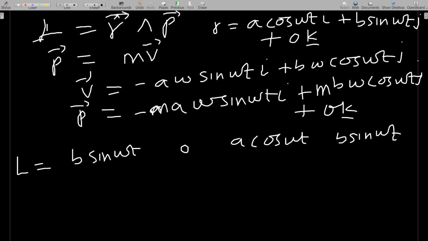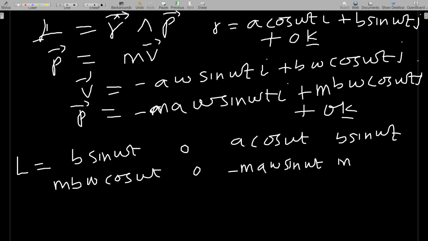Like I said, just write it from the second term and end it at that same term. Now I come to the momentum: we have mb omega cos omega t, then 0, and minus ma omega sine omega t, and mb again omega cos omega t.